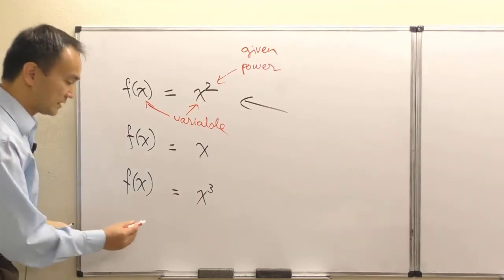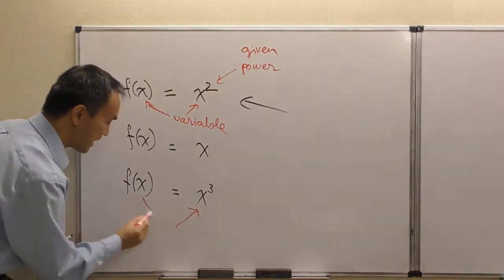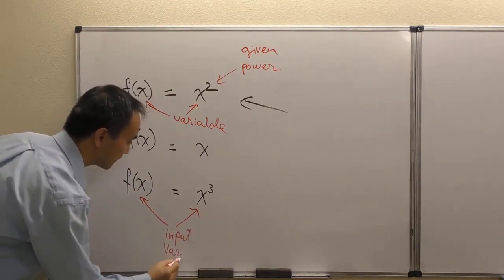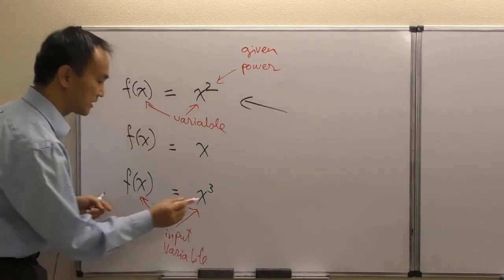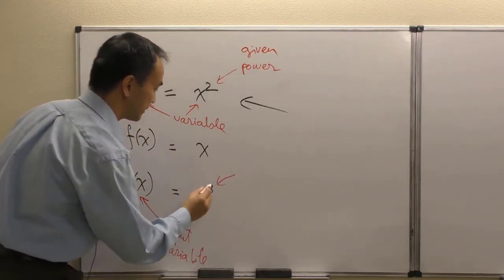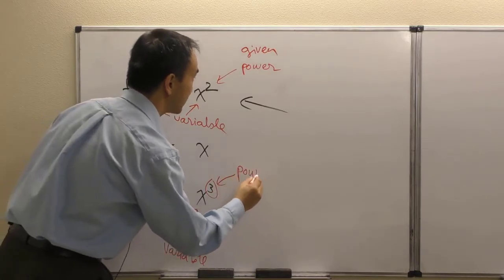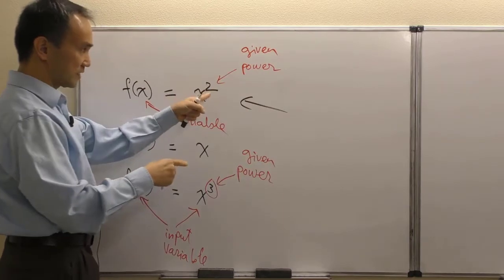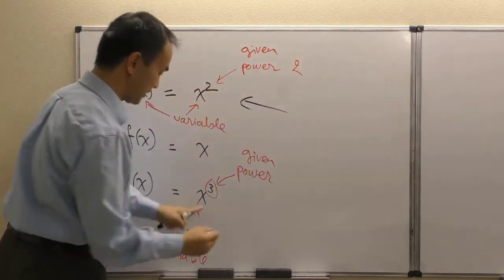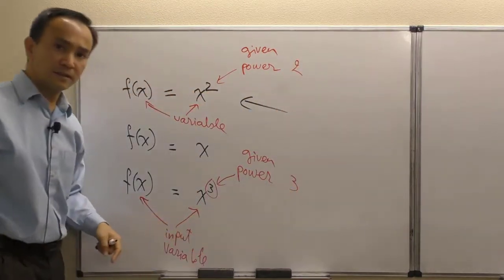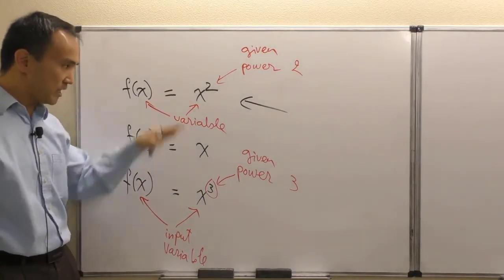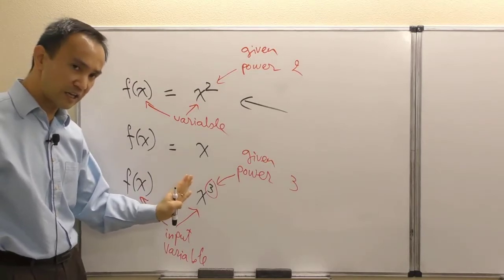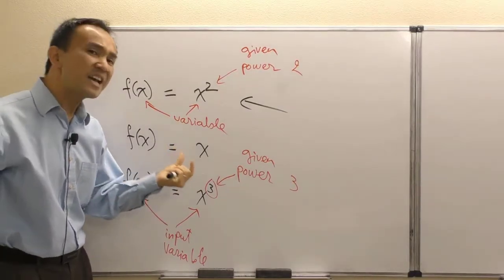Again, the x is the input variable, but this 3 right here is regarded as the power, and it's given. To be specific, this is given power 2, and this function here is given power 3. So between these two, the simple quadratic and the simple cubic, we already recognize that common anatomy. That's how I called it.